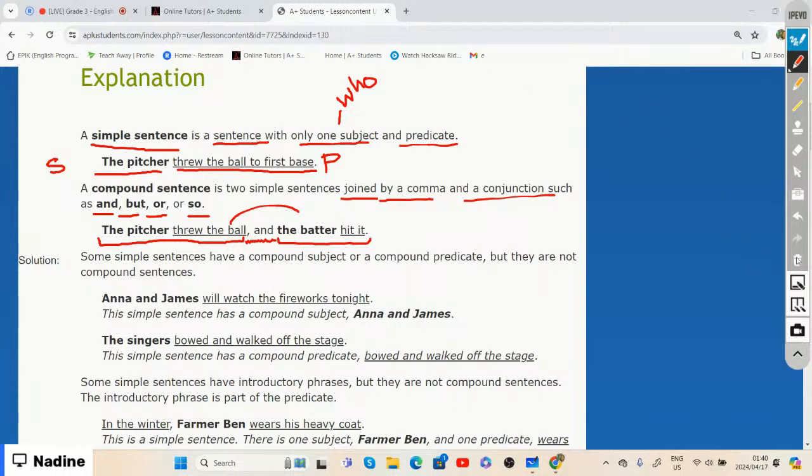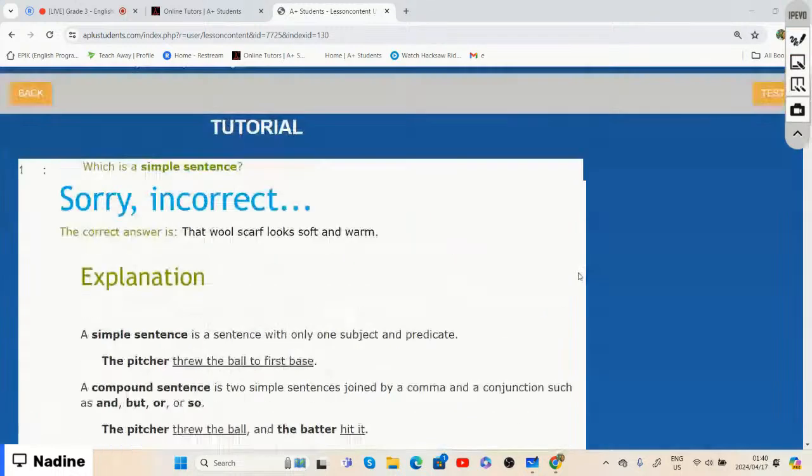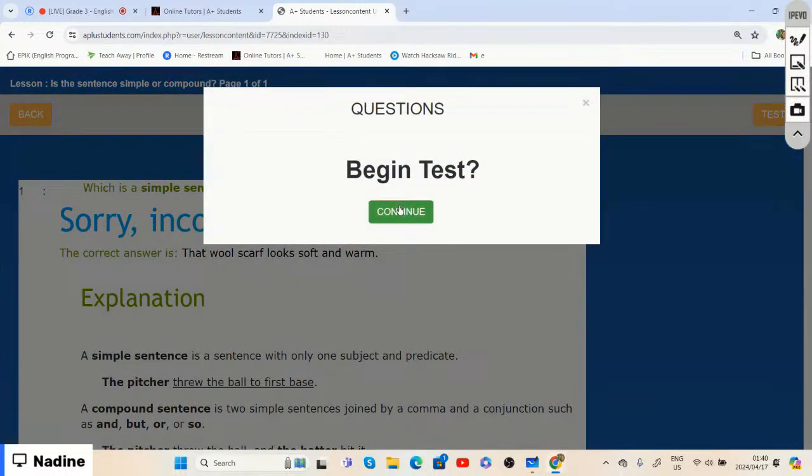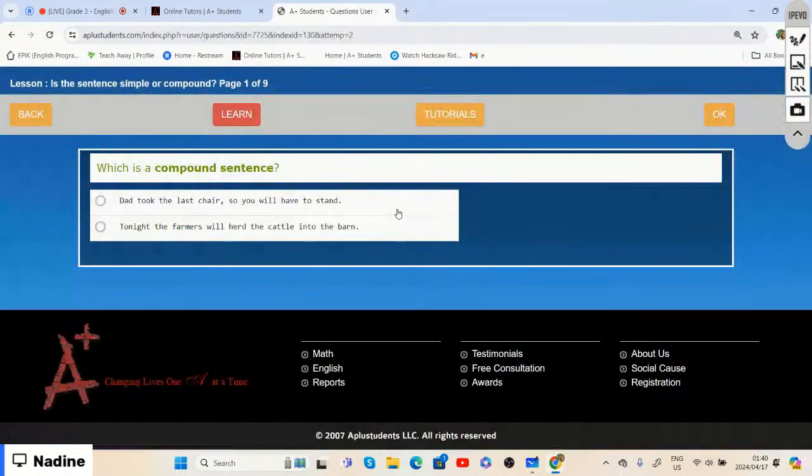So now we're going on to our test, where we are going to say, is a sentence a simple sentence or a compound sentence? Which one is a compound sentence? Remember, we said a compound sentence is two simple sentences joined together by a comma as well as a conjunction, which is and, but, or, so.